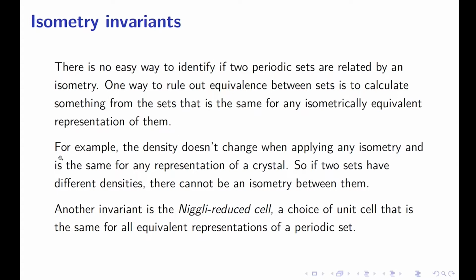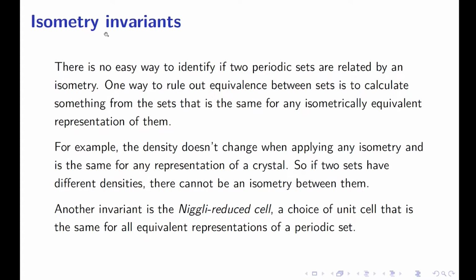If you apply an isometry to a crystal, that isn't going to change. But that means that if you have two different crystals and you compute their densities and they're different, then you can use that to infer that the crystals you started off with were different, or there wasn't an isometry between them.